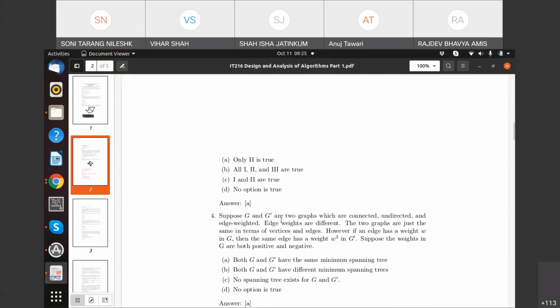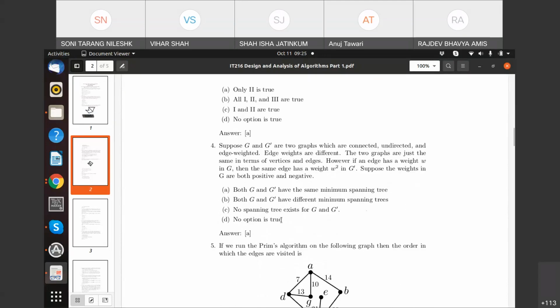I think they should have different minimum spanning trees. So you are given these two graphs, edge weights are different. The two graphs are just the same in terms of vertices and edges. So if an edge has a weight W in G, the same edge has a weight W squared in G prime. And because these weights can be positive or negative, it might be that the negative weight is coming earlier in the graph G. But in G prime, we are considering the squares.